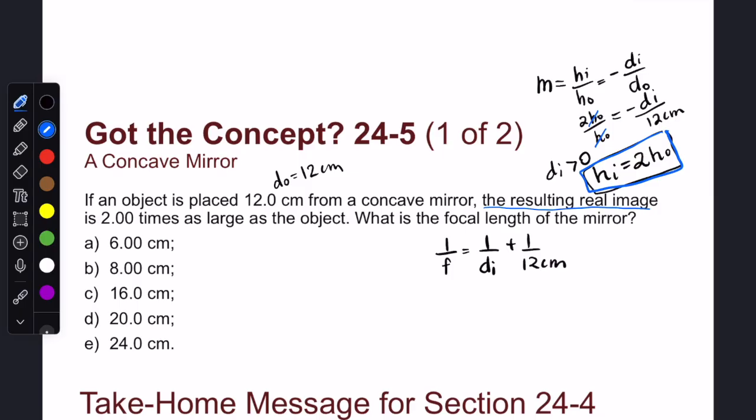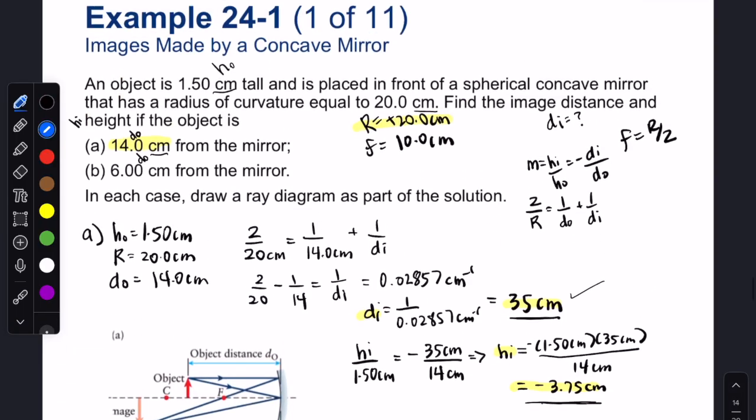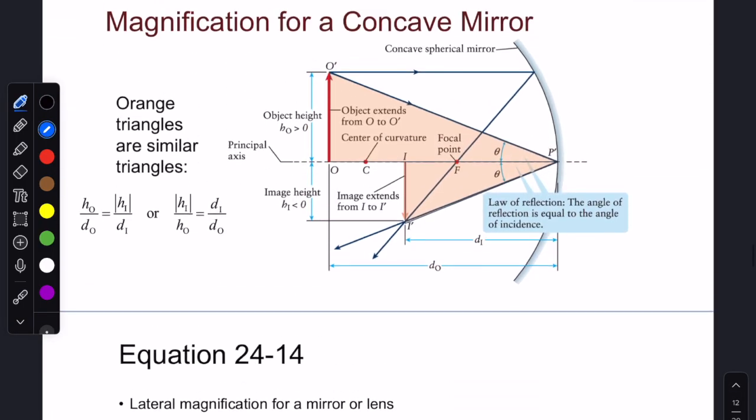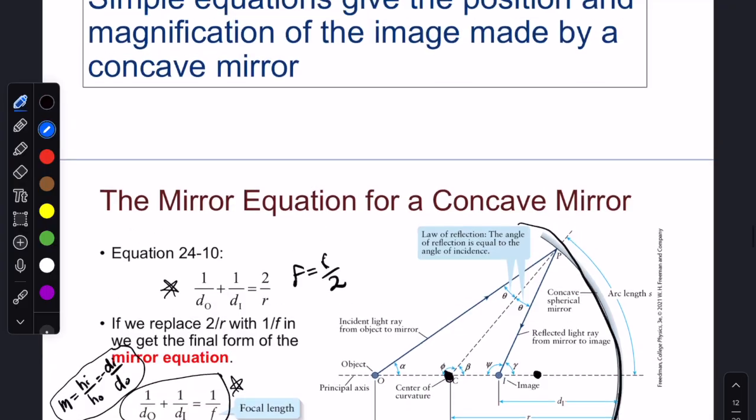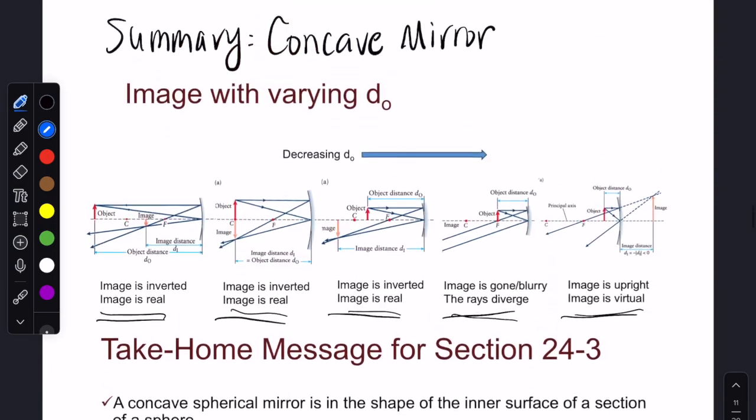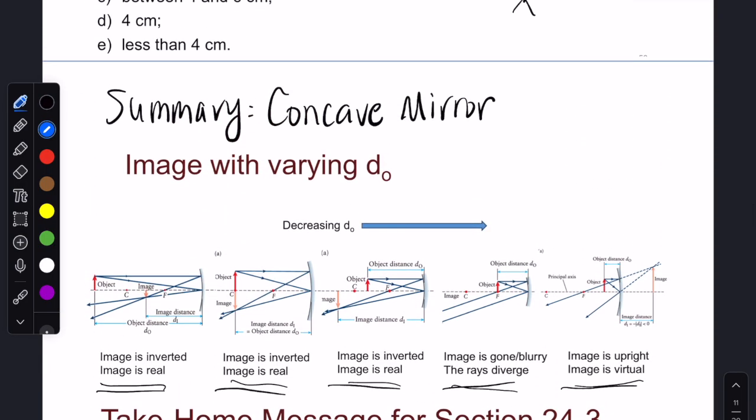But that was an assumption, and that is actually not correct. Because if the image is real for a concave mirror, okay, let's go to our cases here. If the image is real for a concave mirror, what did we see?